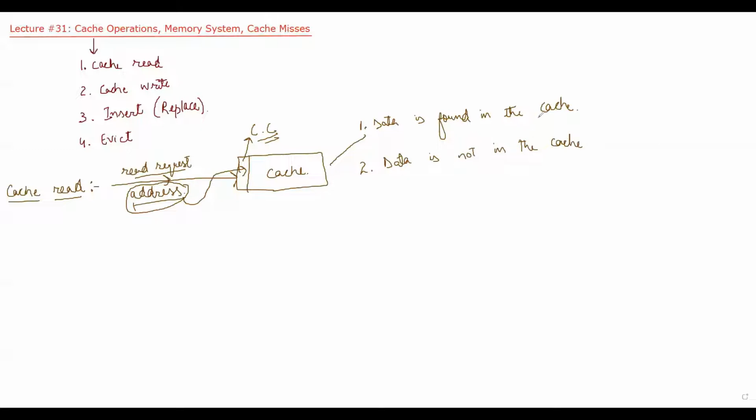So if data is found in the cache, it is called cache hit. If there is no data in the cache, it will be cache miss. So if there is a cache hit, then in this particular scenario, data is sent to the processor.